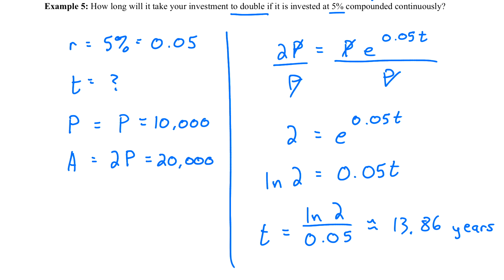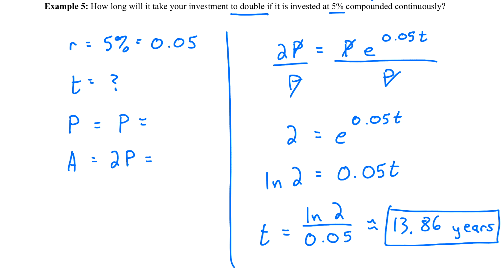And if I plugged 10,000 and 20,000 in, I would end up with the exact same value for t as my solution. I'd encourage you to try it. You can pick whatever you want. You could pick P equal to $10, and A would be $20. Or my personal favorite, P is $1, and how long will it take that $1 to grow into $2?